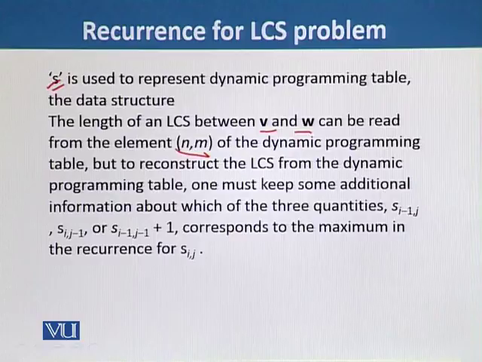But to reconstruct the LCS from the dynamic programming table, we can keep some additional information about which of the three quantities, Si-1,j, Si,j-1, or Si-1,j-1 plus 1, corresponds to the maximum in the recurrence for Sij we have seen in the previous slide.